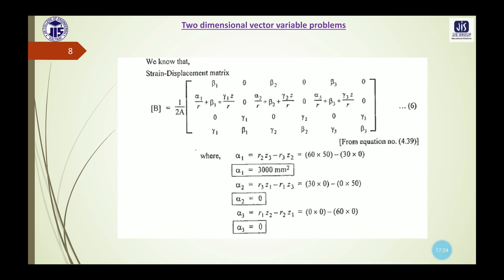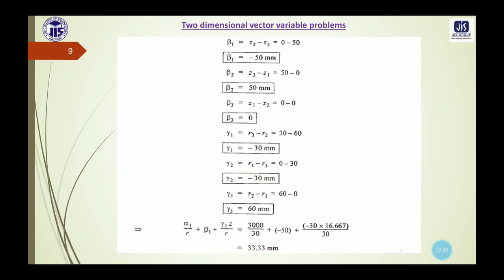And to calculate the alpha 1, alpha 2, alpha 3, then beta 1, beta 2, beta 3 and gamma 1, gamma 2, gamma 3, we have used these required formulas that we can see in these slides number 8 and 9. So all these formulas we need to remember so that we can solve these numericals.